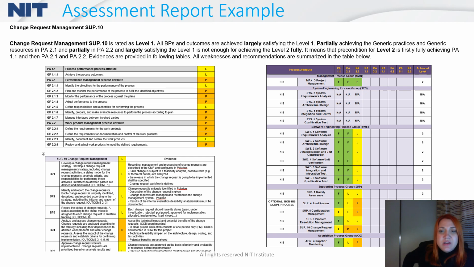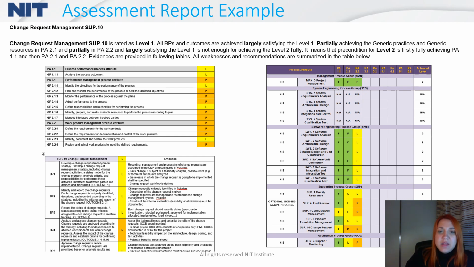Partially achieving the generic practices and generic resources in PA 2.1 and partially in PA 2.2, and largely satisfying level 1, is not enough for achieving level 2 fully. It means that the precondition for level 2 is firstly fully achieving PA 1.1 and then PA 2.1 and PA 2.2. Evidences are provided in the following tables.